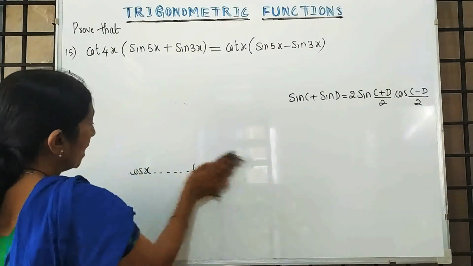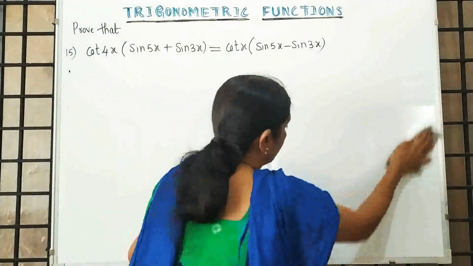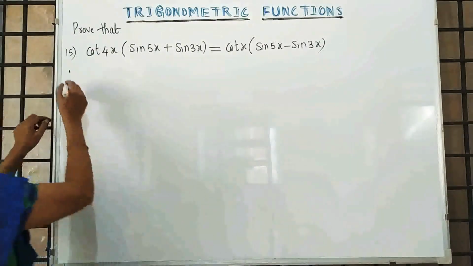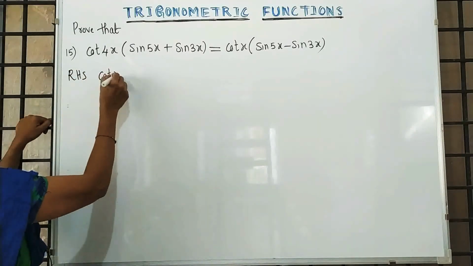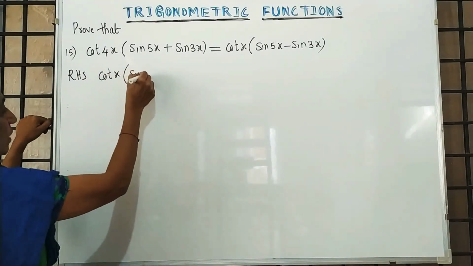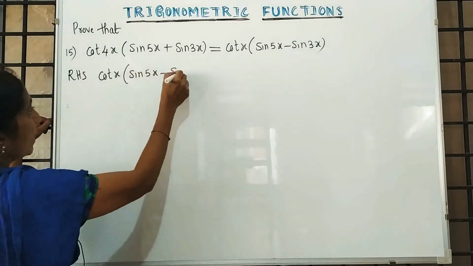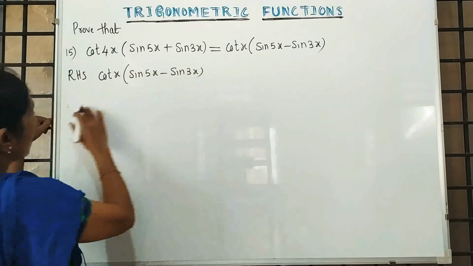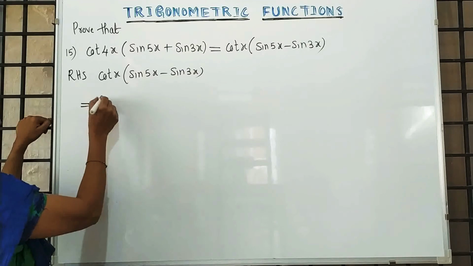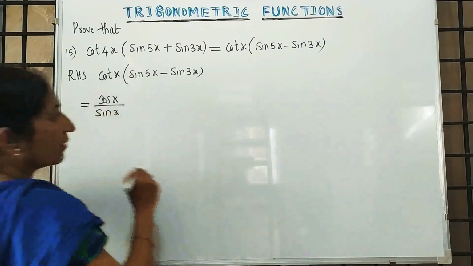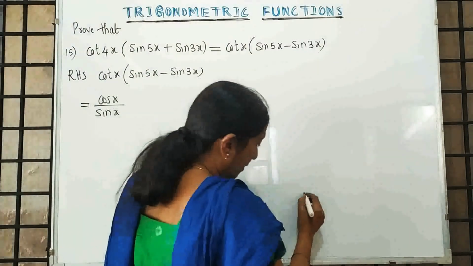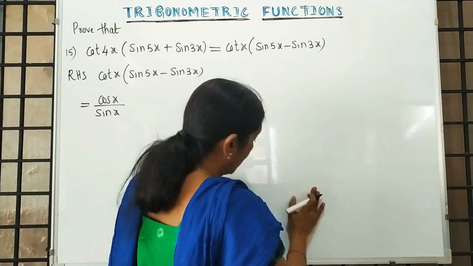Now I am writing the RHS. Cot x into sin 5x minus sin 3x. So cot x will be written as cos x upon sin x. And have you remembered sin c minus sin d?